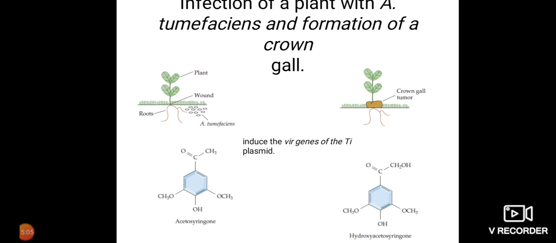This Agrobacterium tumefaciens is a gram-negative bacterium found in the soil that infects plants. If any wound happens on the plant, the bacterium enters through the wound into the plant body and induces uncontrolled multiplication of the plant cells at that region, developing a gall, a mass of tissue.